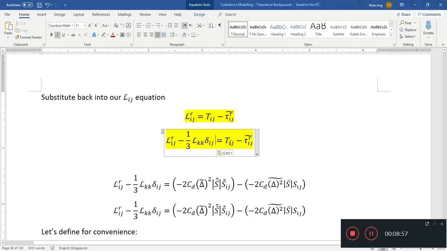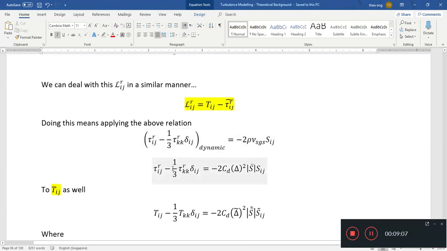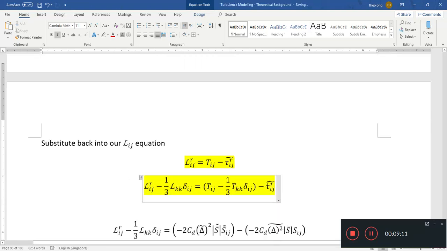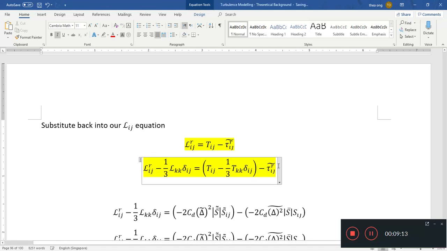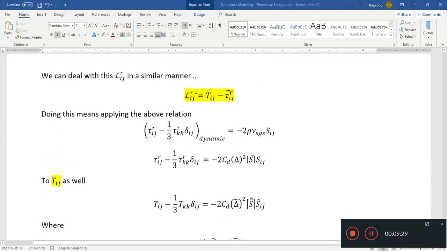I'll do this, and I'll have the Tij minus 1/3 of this, and tau ij, we minus 1/3 of this.